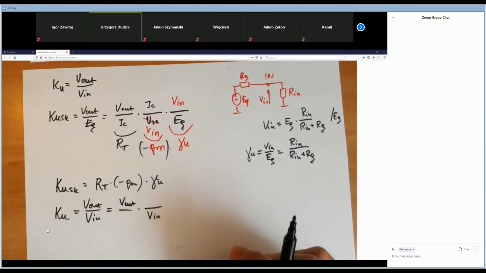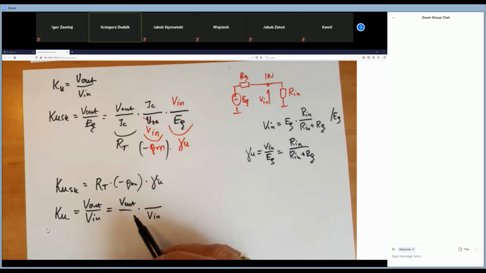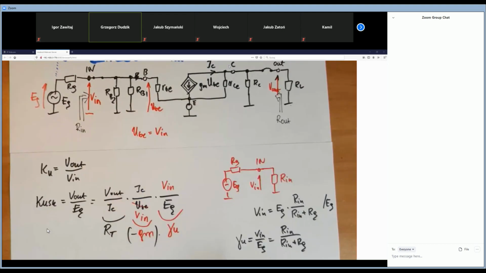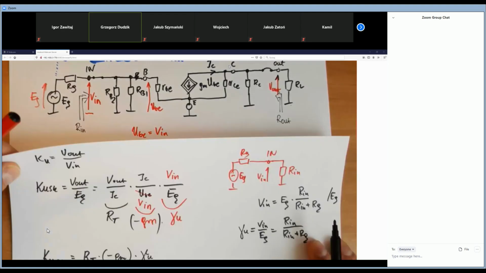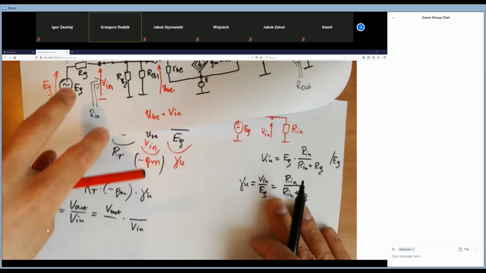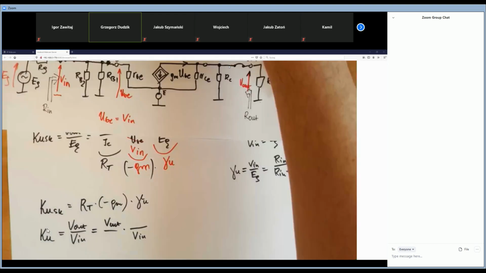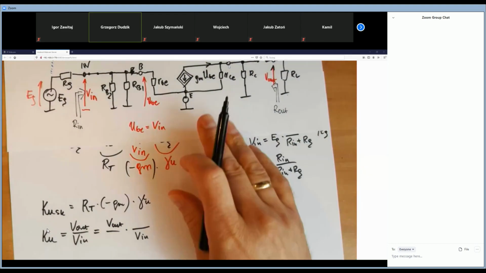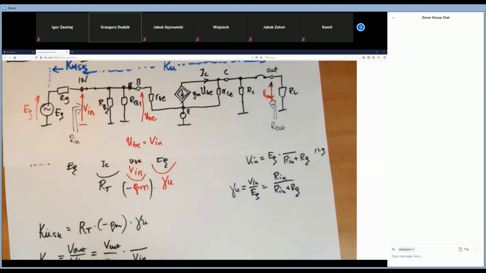So the question is, what can we put here, with the same parameters, to calculate something which is given, in fact, in our circuit? This is a nice quiz, in fact. Okay, so what will happen when I put here the current IC?